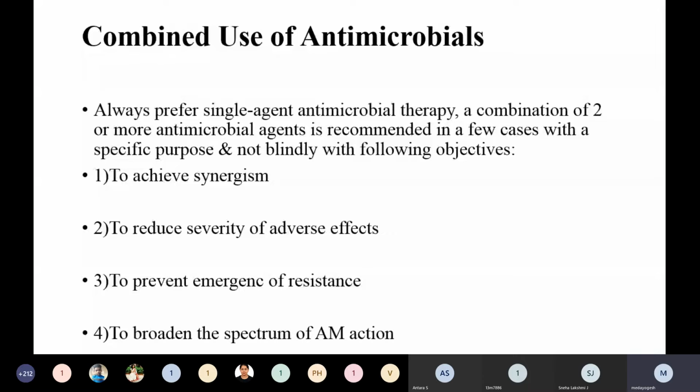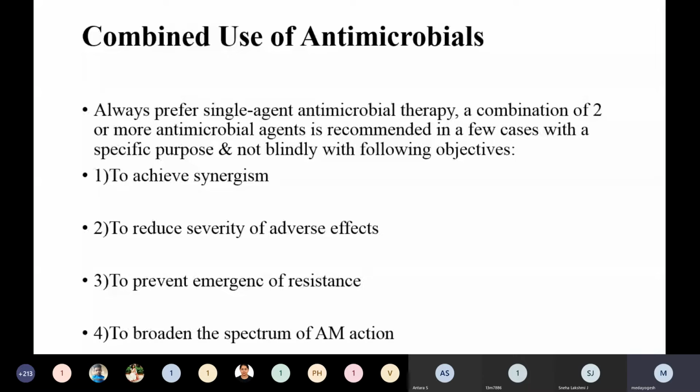So what are our objectives when we want to combine the antibiotics? So our aim is to achieve synergism. All of you know what is synergism. Second is to reduce the severity of adverse effects. Thirdly, the main aim is to prevent emergence of resistance.